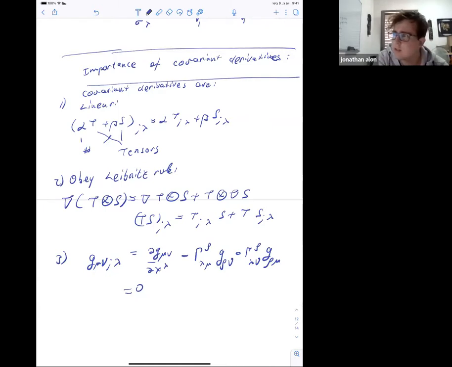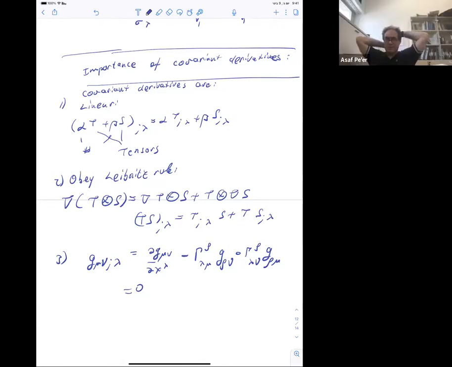Because the transformation laws have given us a gamma mu nu here with the upper indices. No, no, no. Still don't see it. Why is it 0? What am I doing here? That's important. Why am I doing all that?